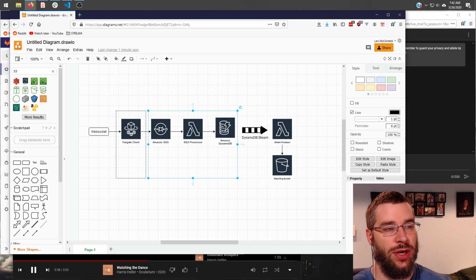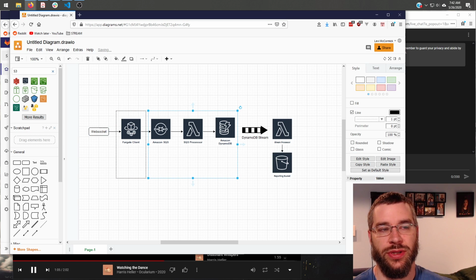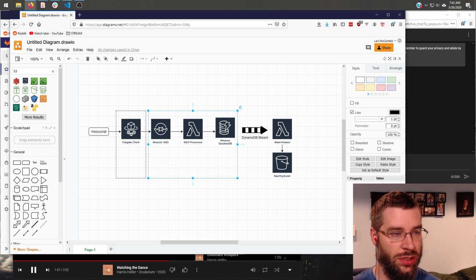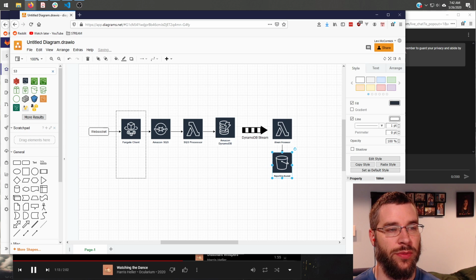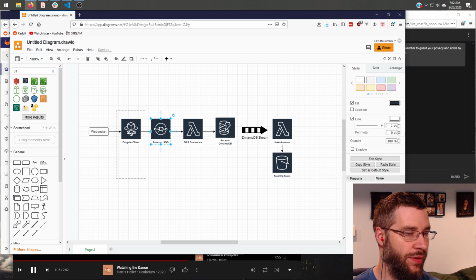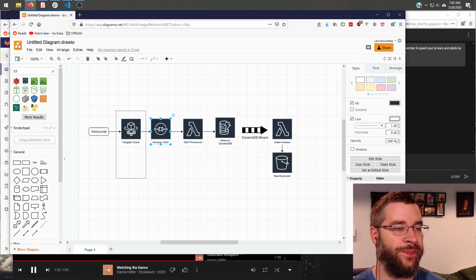So I think that's probably how we are going to do this. Rather than drawing these service boundaries, we'll probably just say the bucket, the table, and the queue will be deployed as one stack.